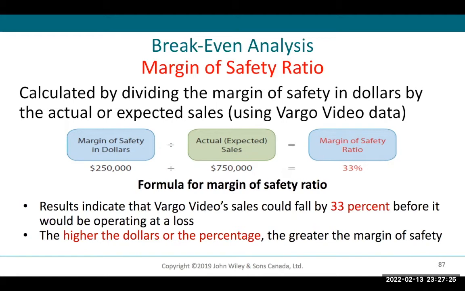The higher your margin of safety or the margin of safety percentage, the greater the margin of safety.